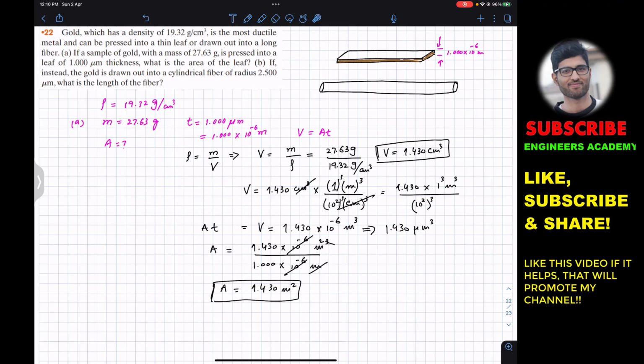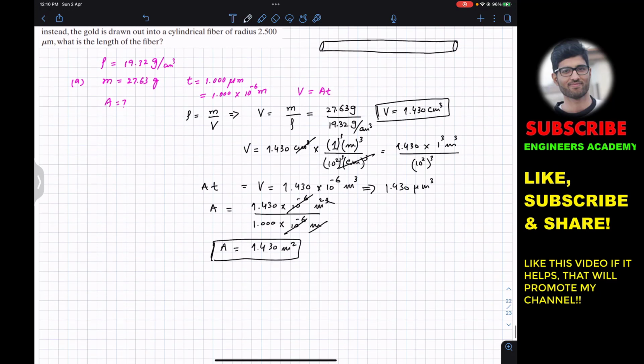Now in part B, it is said that if instead the gold is drawn out into a cylindrical fiber of radius 2.50 micrometer, what is the length of the fiber? So now let's say that this is that fiber, and let's say that the radius is 2.5 micrometer.